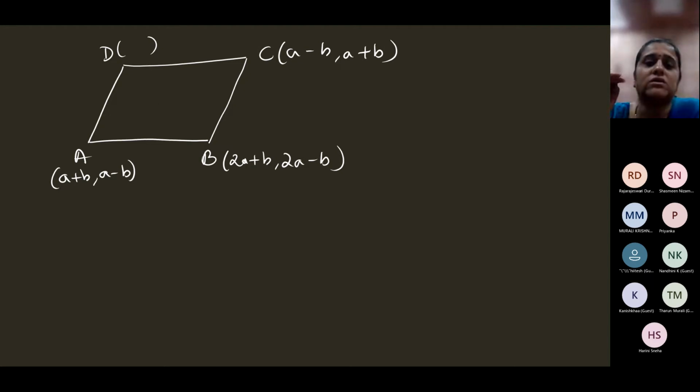When you're given the coordinates of any three vertices of a parallelogram, that parallelogram can be a rectangle, rhombus, or square also. You know that a rectangle, square, and rhombus are also parallelograms.